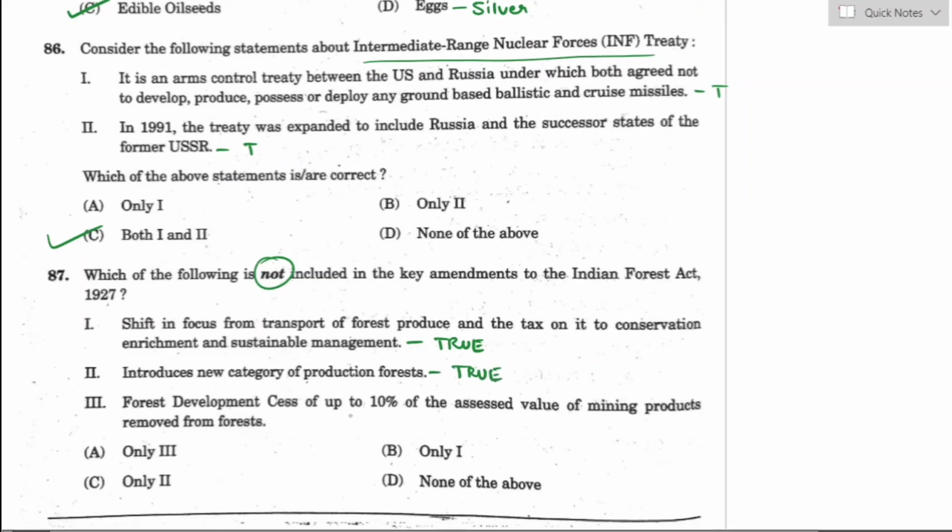Forest development cess of up to 10% of the assessed value of mining products removed from forest. This is a false statement because it has not actually come into force. It is a proposed plan. So the right answer is option A. Only the third statement is false.